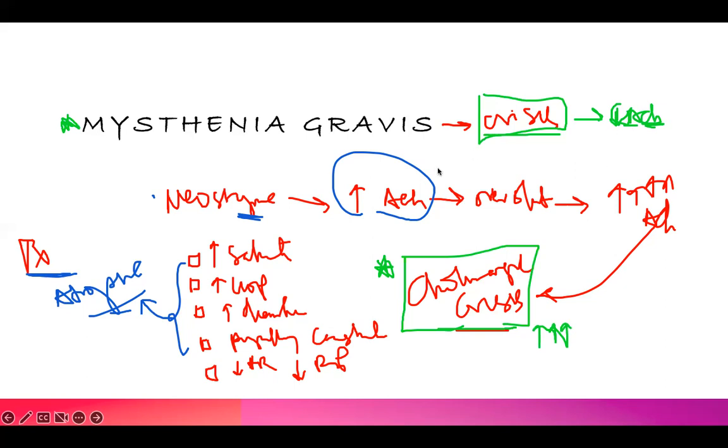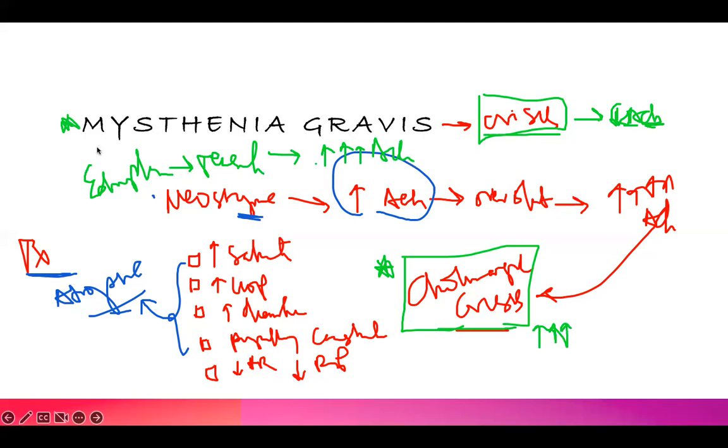So if I give them edrophonium, if I do the Tensilon test, which we talked about, I'm giving an enzyme inhibitor that temporarily blocks acetylcholinesterase and increases my acetylcholine a little bit, then I will know what will happen.